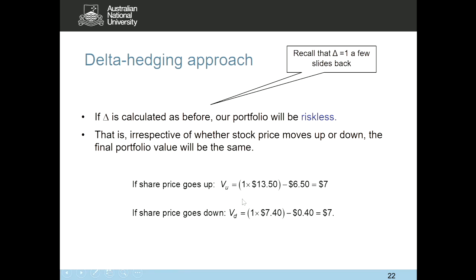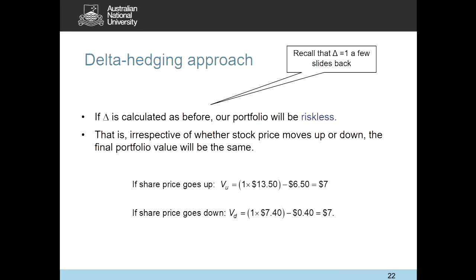Now, if the share price goes down to $7.40, that is the value for our share. And again, we lose 40 cents on this call option. So the net ending value for the portfolio in the down state is also $7. So what does it mean? It means that our portfolio acts like a riskless bond, right?